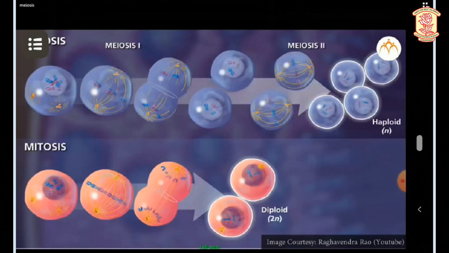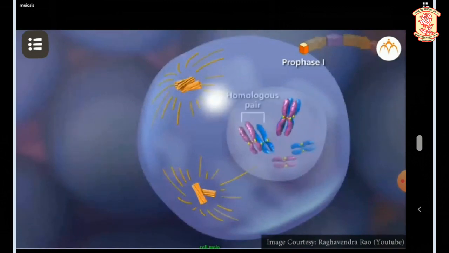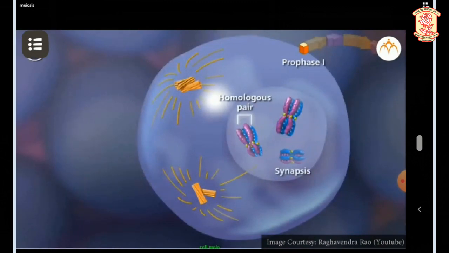Here, in step 1, the cell undergoes the prophase like that of mitosis. You can observe the chromosomes are lining up at the center of the cell, then pulling themselves to each side.